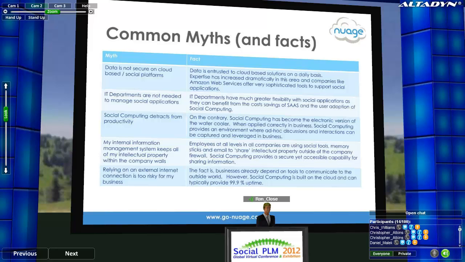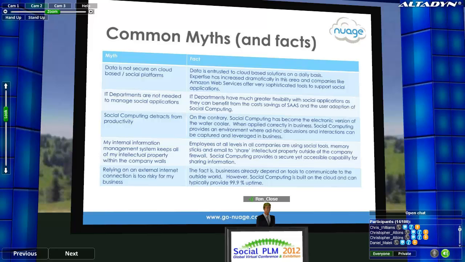Another common comment is that social computing distracts from productivity, and I personally could not agree less with this. If I think about back in the old days, and at risk of aging myself, before social computing and other tools were available, in the office, we'd talk to each other, and you'd share ideas, and you'd get a beer after work.